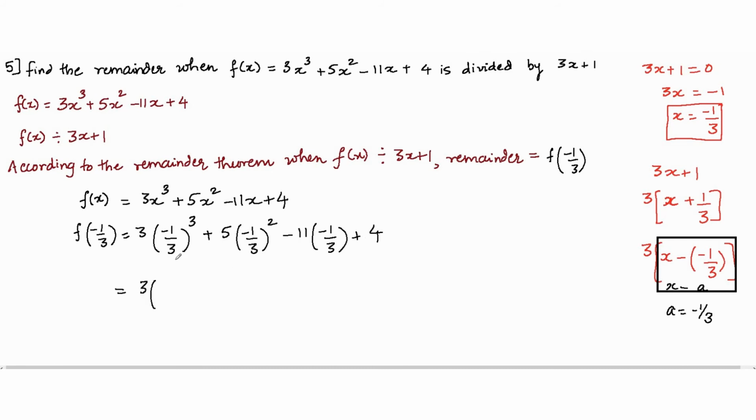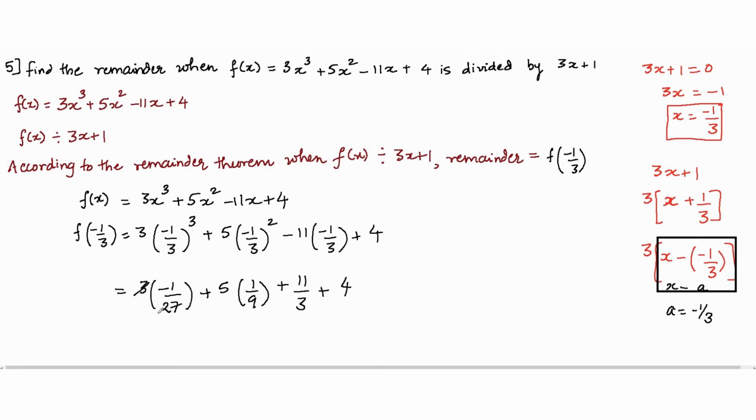So this becomes 3 times negative 1 by 3 the whole cube, which is negative 1 by 27, plus 5 times negative 1 by 3 the whole square, which is 1 by 9. Then I have negative 11 into negative 1 by 3 becomes positive 11 by 3 plus 4.